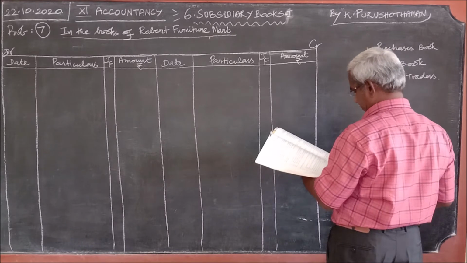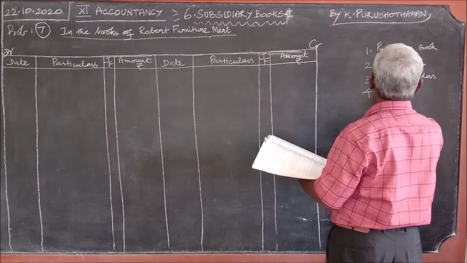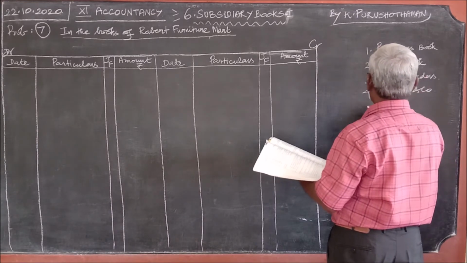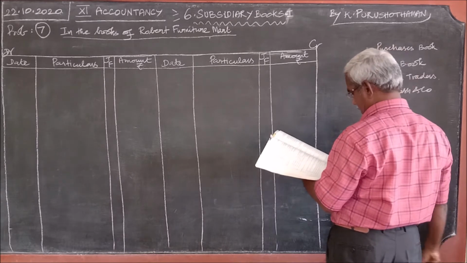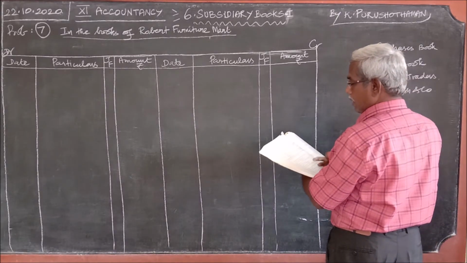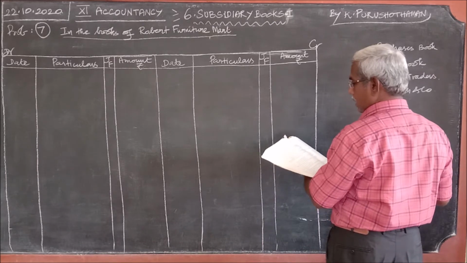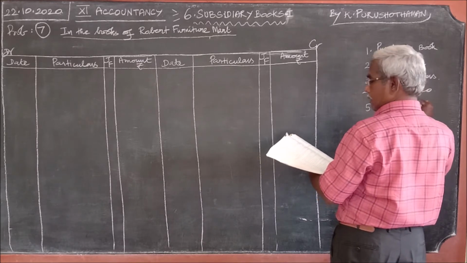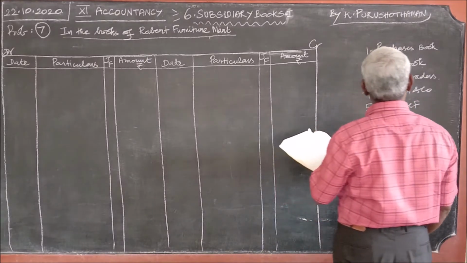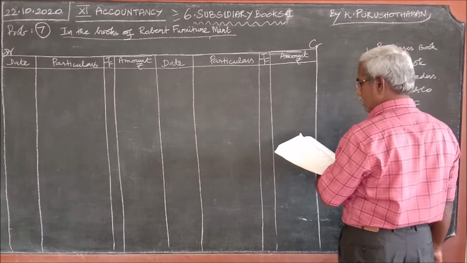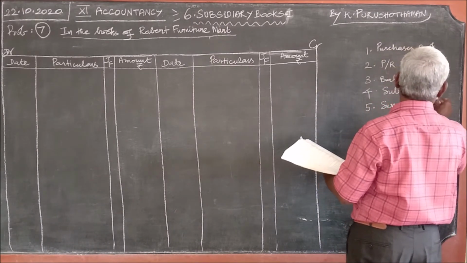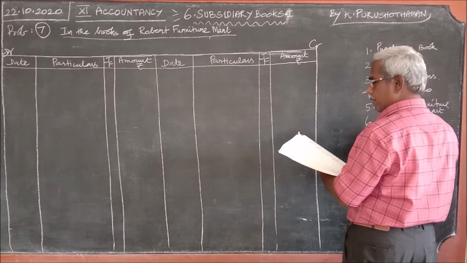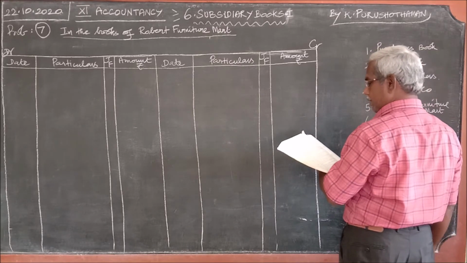Then 4, Subhash and Co. Number 5, Sunrise Furniture Mart. Number 6, Mauli Traders.